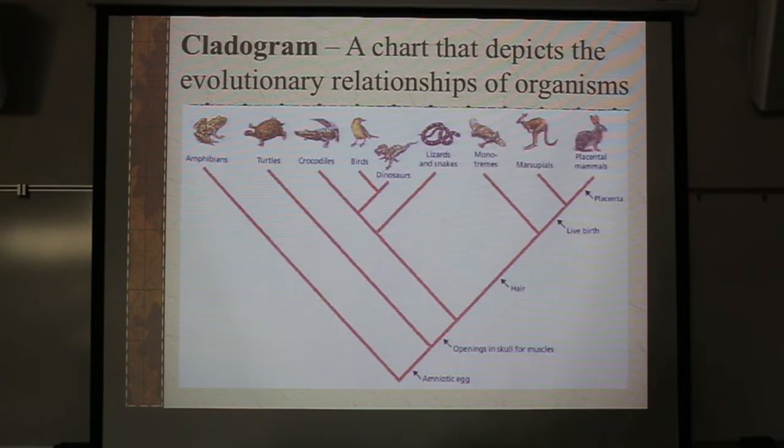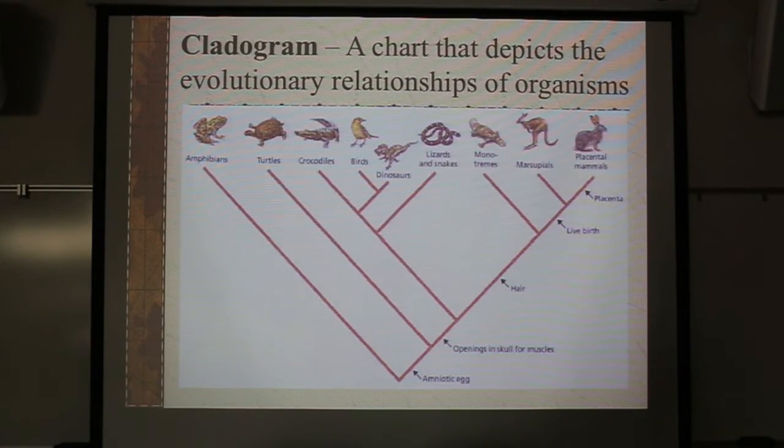So in this particular picture, they're showing you that a long time ago, way back at this point, there was some ancestor that eventually split into two different groups, and one group became these organisms over here, the dinosaurs, the birds, and the crocodiles.